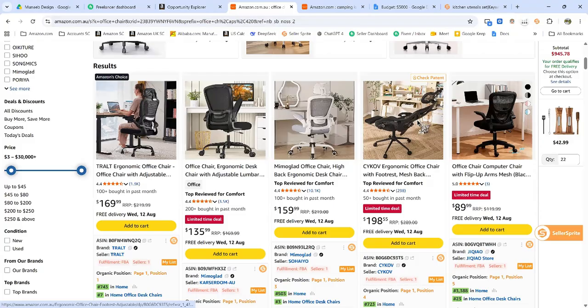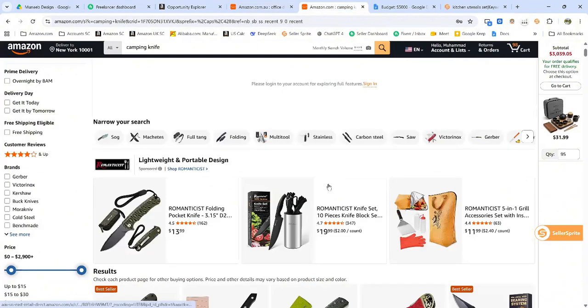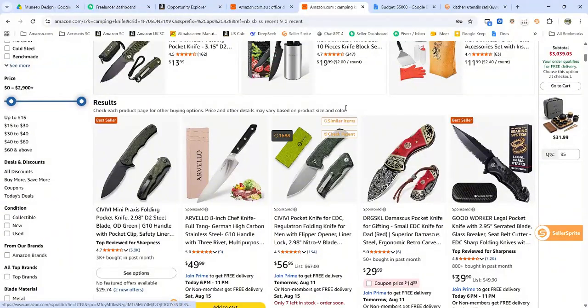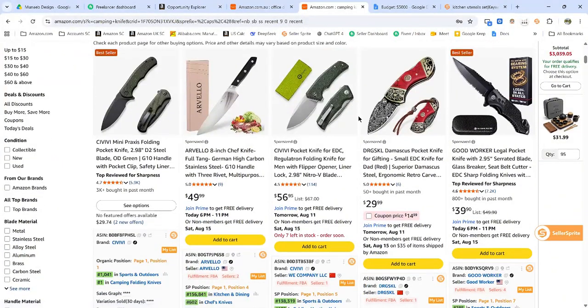Amazon charges a lot. So if in a product there are lots of FBM sellers, it means either it's bulky or there is some issue that the sellers are not using FBA.